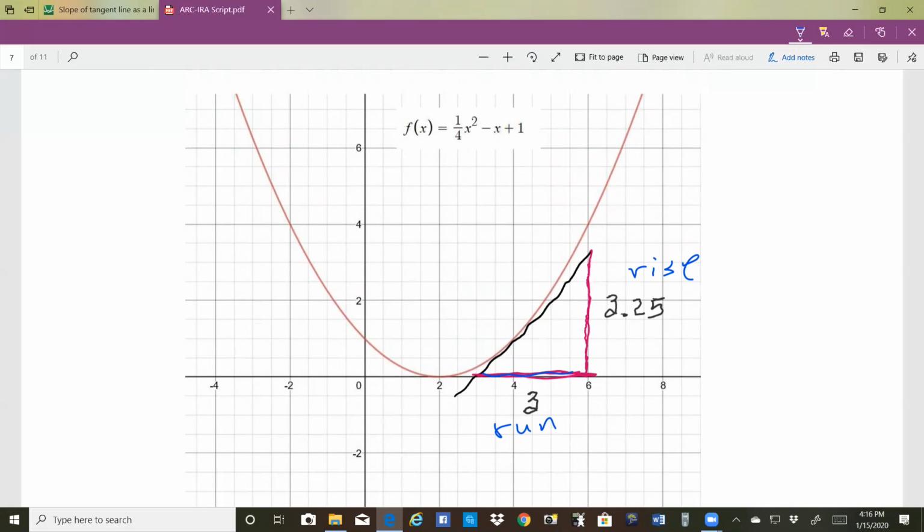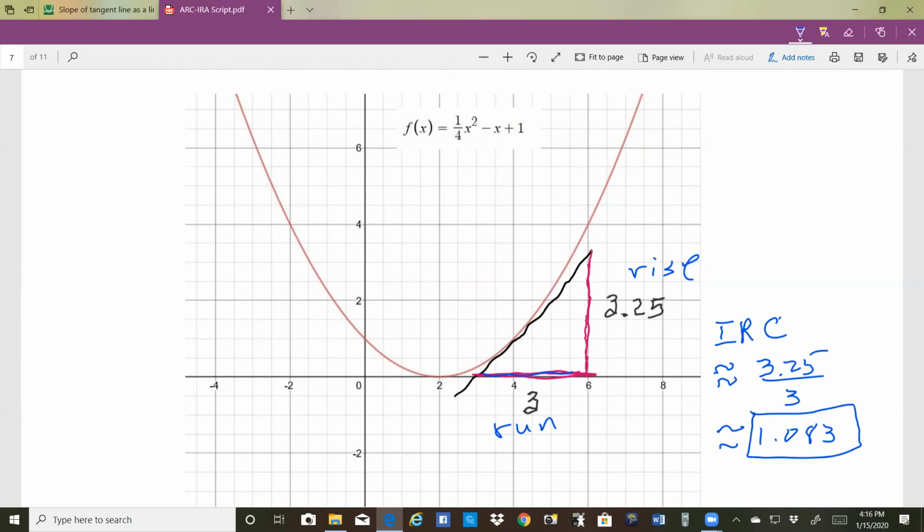So the instantaneous rate of change here would be the slope of that line, and I'm going to use approximation symbols as being 3.25 divided by 3, which is approximately 1.083. So estimating the instantaneous rate of change at that point is 1.083.